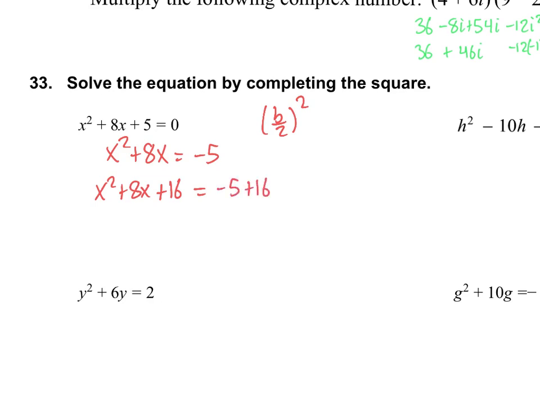So we add the 16 over here as well. -5 plus 16 is going to be 11, and then I just factor this into x plus 4 squared, and that still equals 11, and then it turns into the problems that were before, right? So now I'm going to take this and square root it.